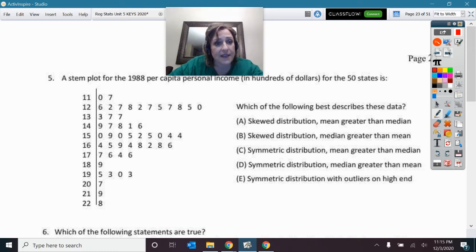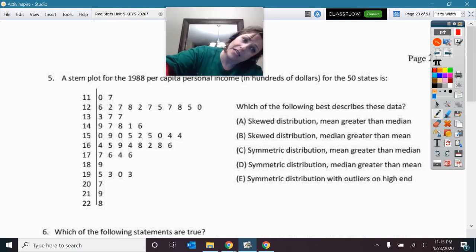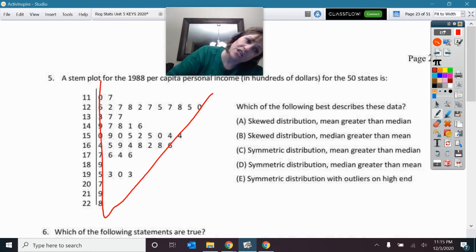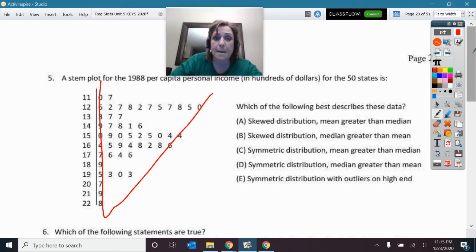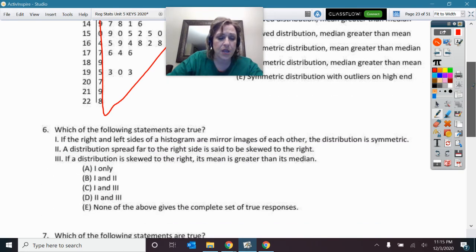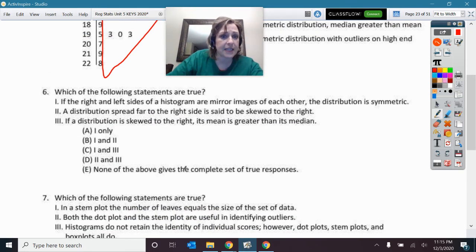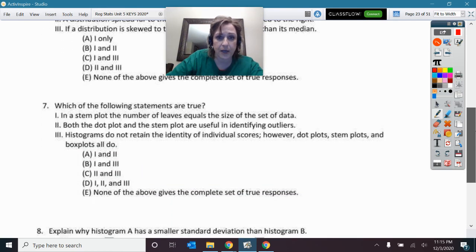Also, look here at this stem plot. If you turn your head sideways and look at this, you can see the shape of that distribution from least to greatest, and then you have an idea of the relationship between mean and median. Again, quite a bit of these questions are hinged upon that.